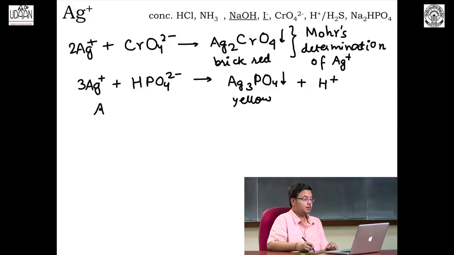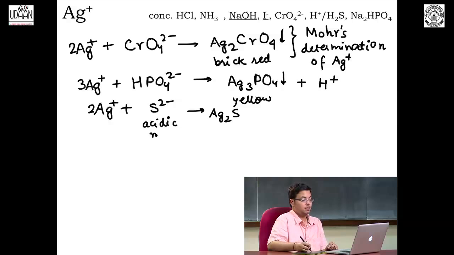Ag+ reacts with sulfide to give Ag2S even in acidic medium. As you can observe, this was our group reagent for group 2. Silver also gives sulfide precipitate. So this was our discussion on silver.